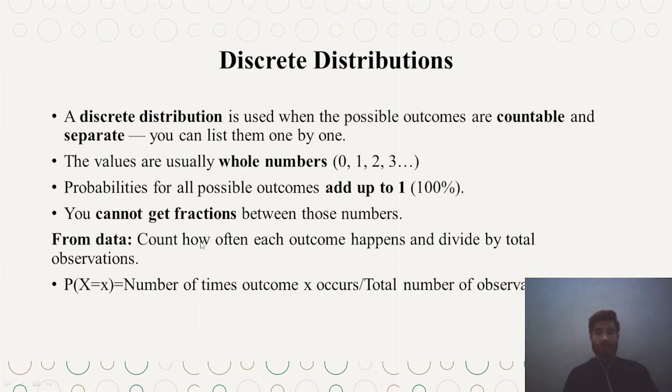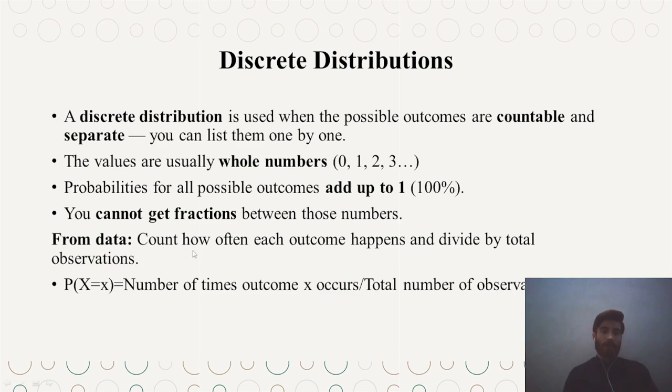So if the outcomes are 2, the probability of all the outcomes will be 1. If the outcomes are 4, again it will be 1. You cannot get fractions between those numbers. In the discrete distribution, we cannot get fractions like 0.1, 0.3. It will always be a whole number.